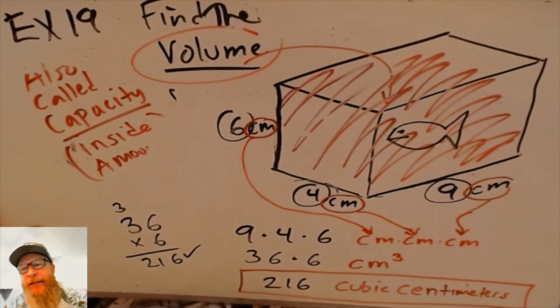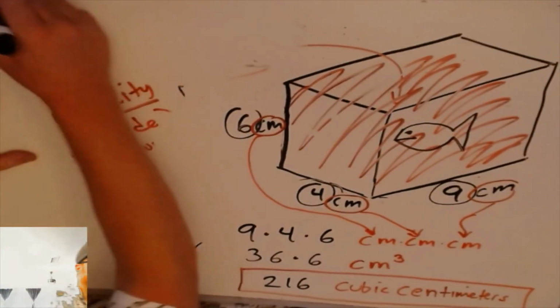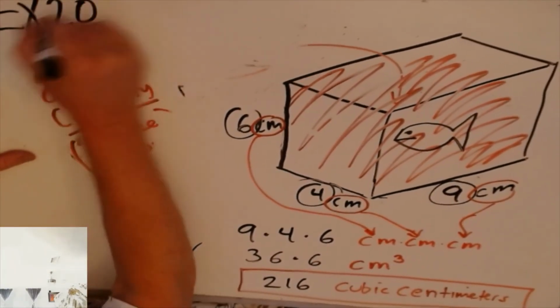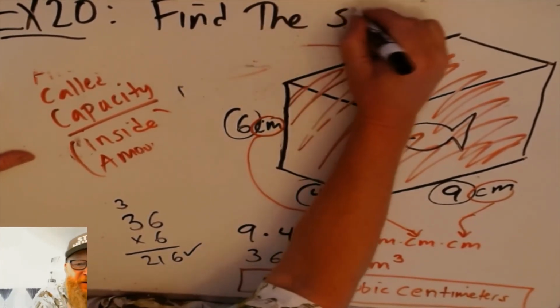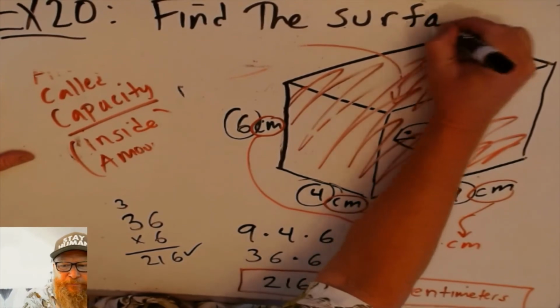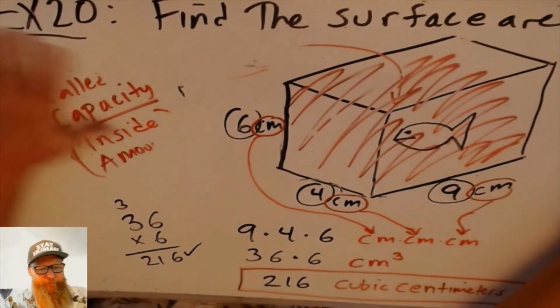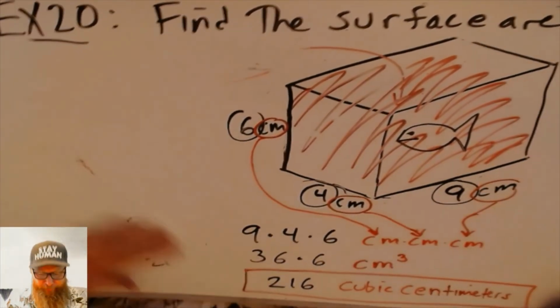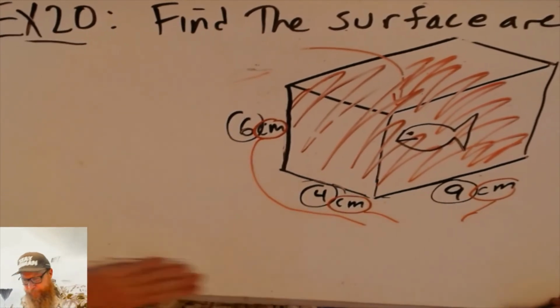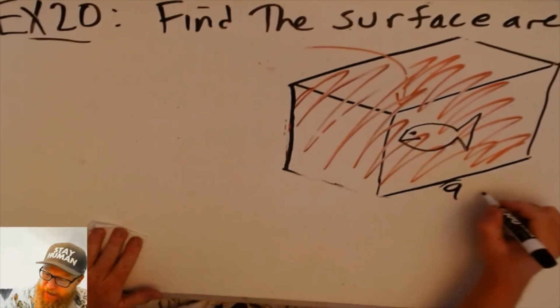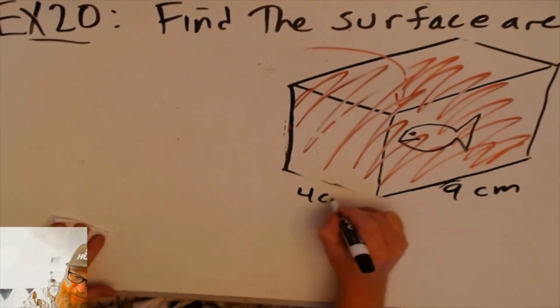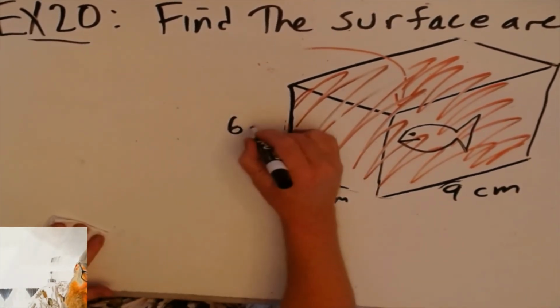Okay. Whew. Coming up on an hour. Last example. Find the surface area. Same thing, same tank. 9 centimeters, 4 centimeters, 6 centimeters.